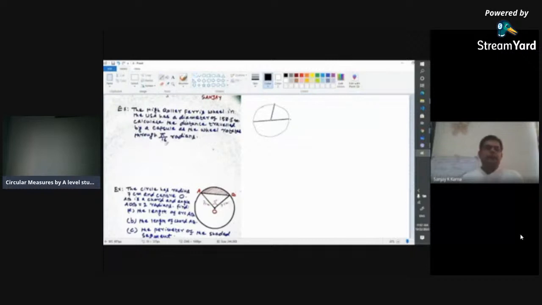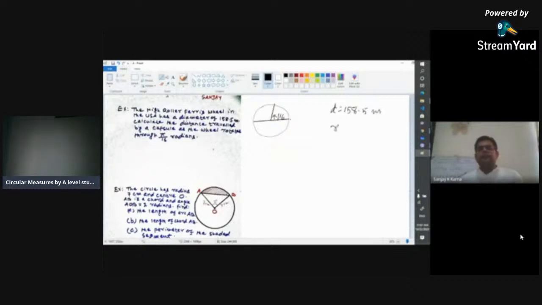According to the question, this angle is pi by 16 radians. It is not necessary that you draw to scale. That is only for our reference. The High Roller Ferris wheel in the USA has a diameter of 158.5 meters. So D is given as 158.5 meter.